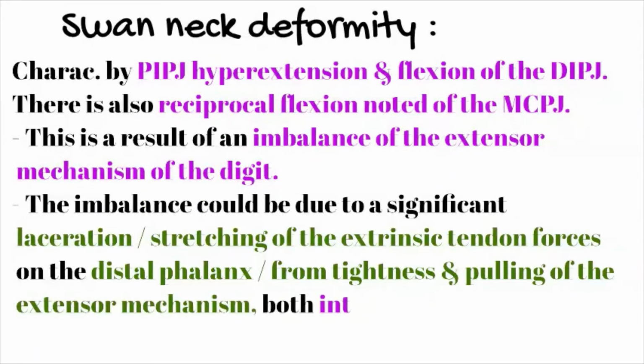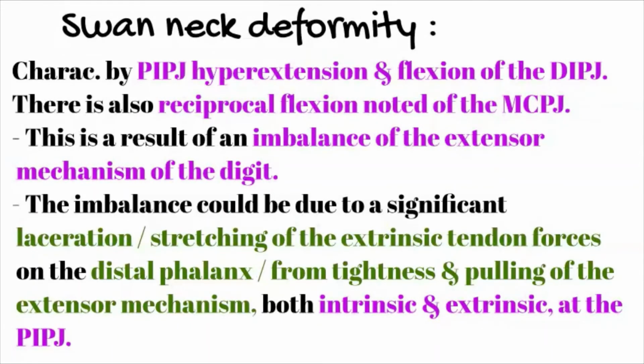The imbalance could be due to a significant laceration or stretching of the extrinsic tendon forces on the distal phalanx, or from tightness and pulling of the extensor mechanism, both intrinsic and extrinsic, at the proximal interphalangeal joint.